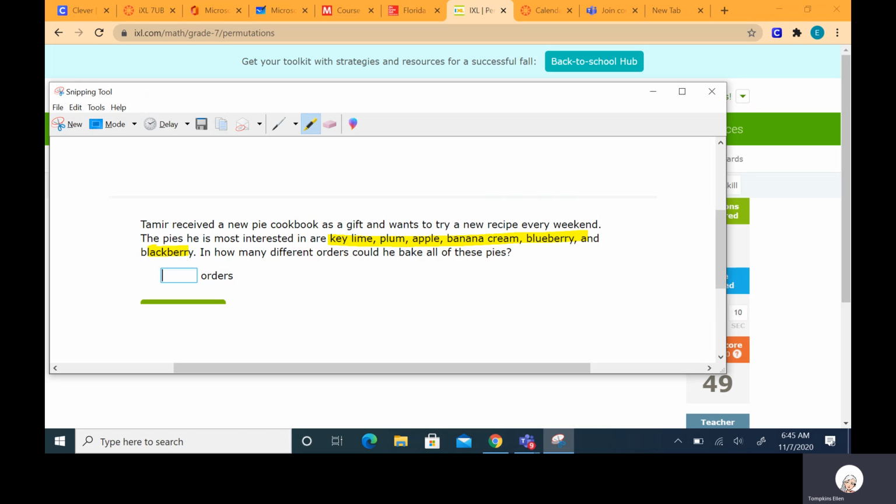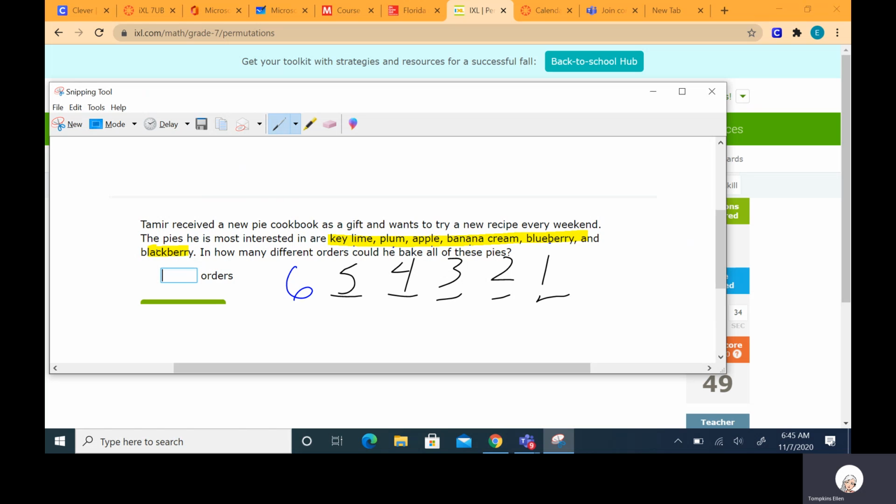And how many different orders could he bake those pies? Well, how many pies are there? 1, 2, 3, 4, 5, 6. So you would have 6, and you would go all the way down to 1. So you have 5, 4, 3, 2, 1.